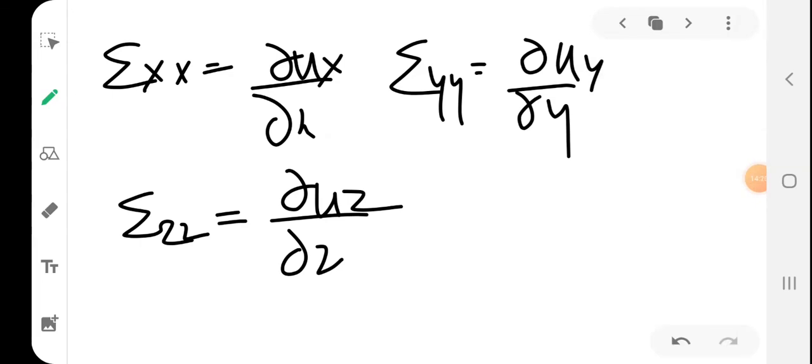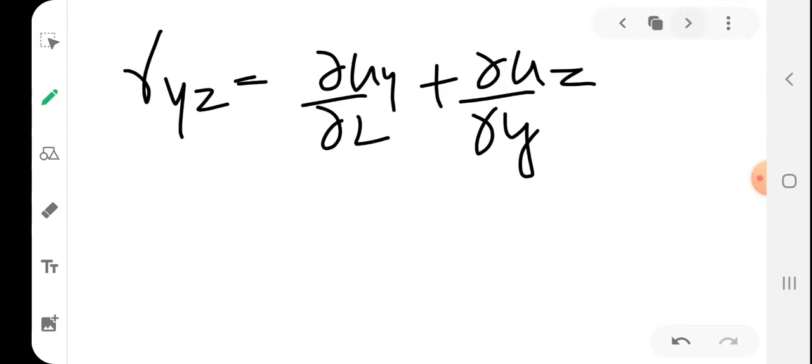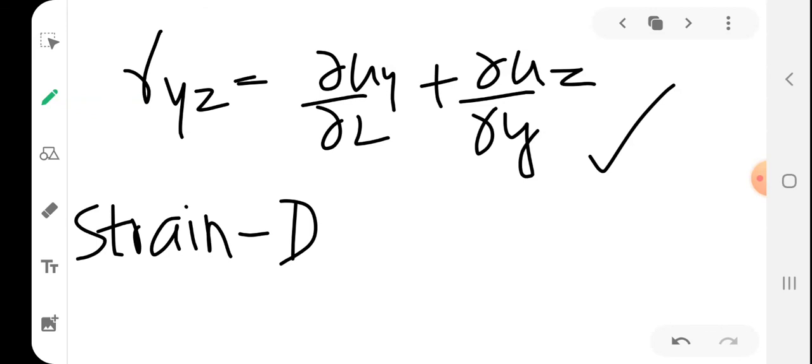Students, before that, these relations, this one, this one, and this one are known as the strain displacement relations of Cauchy.